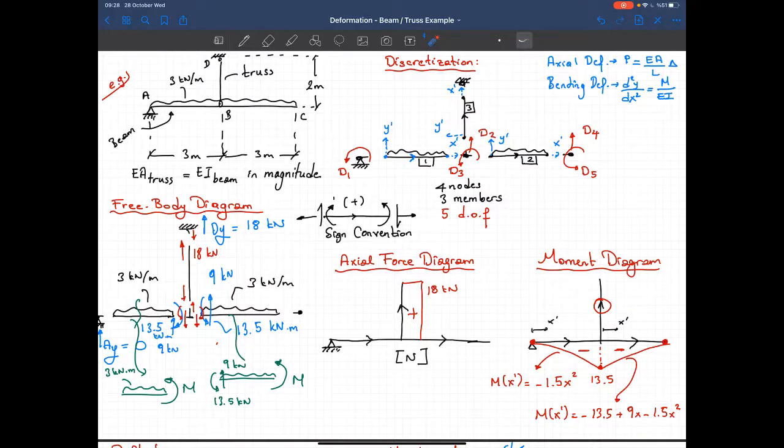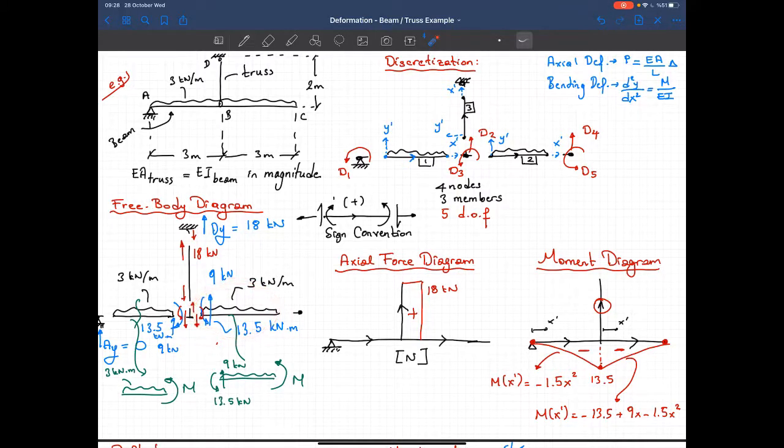As you see, once we discretize it, we did the same thing in the free body diagrams. I isolate that member, write the equilibrium equations only for this member and calculate the end forces. Transfer the end forces to the nodes, and from the nodes transfer to the other member and isolate that member.